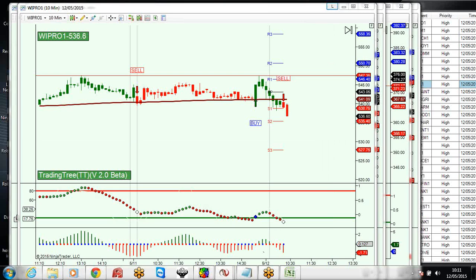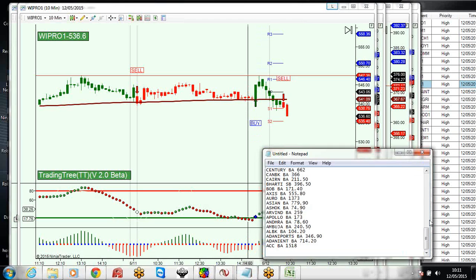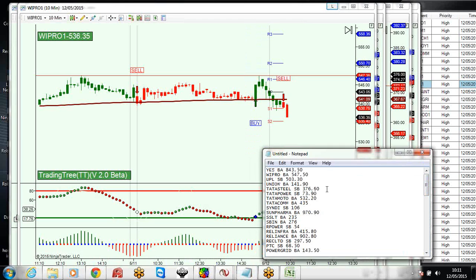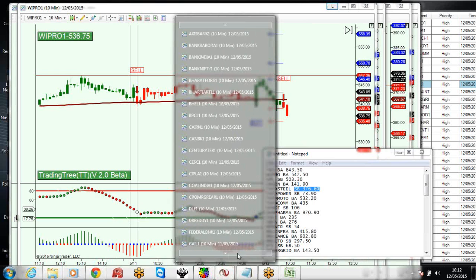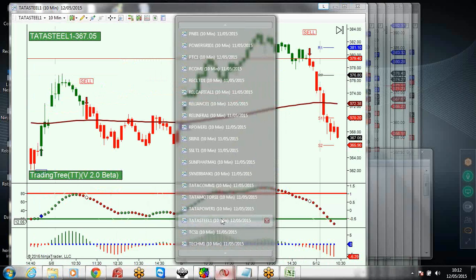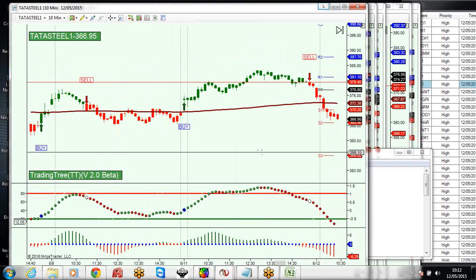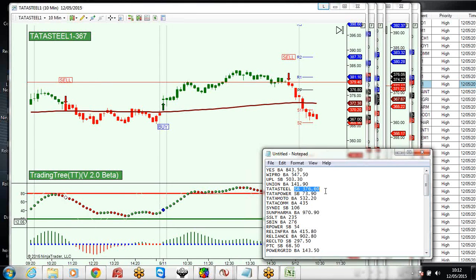Tata Steel we have already shorted. I'll just show you what price I shorted, 376.60. I'll just open the chart for you. So I had shorted this in the morning at 376.60. Before the market opens, I decide all the prices.